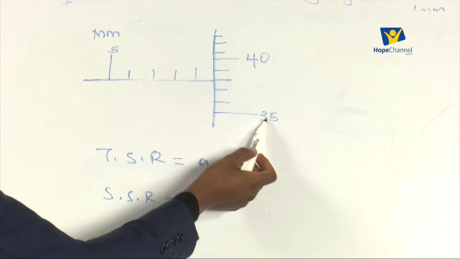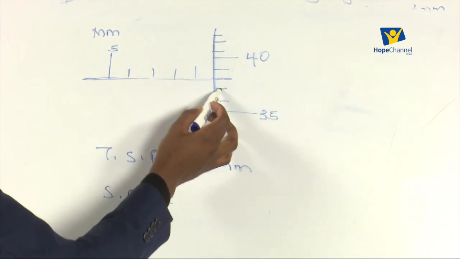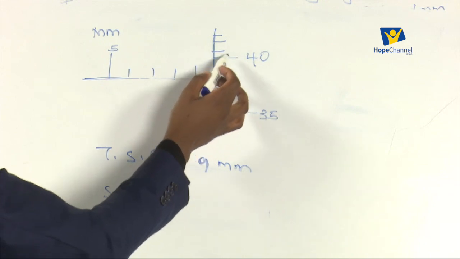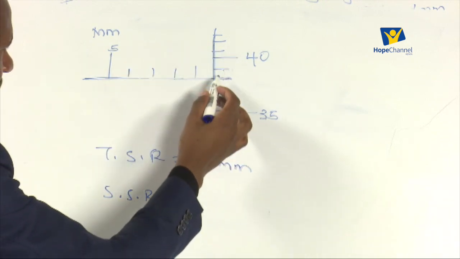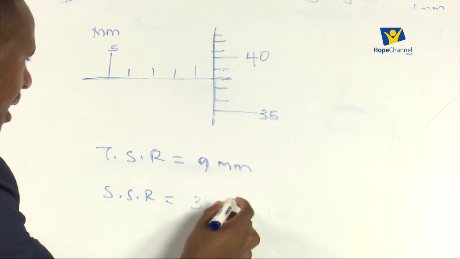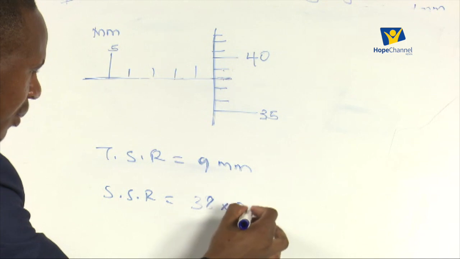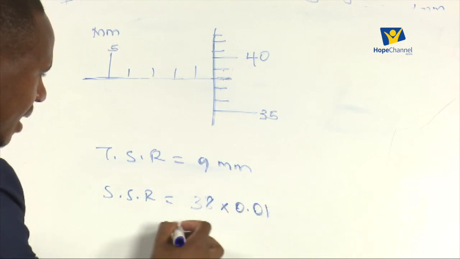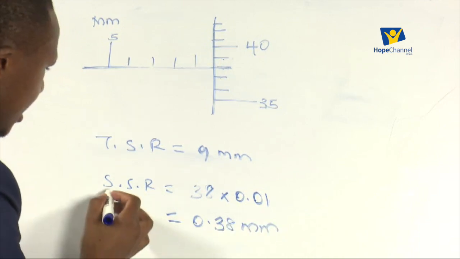So if this is 35 and that is 40, then this will be 36, 37, 38, 39, then we have a 40. So we have 36, 37, 38. So we have 38. But now we multiply this one by the least count of 0.01. This gives us 0.38 millimeters. That is the sleeve scale reading.